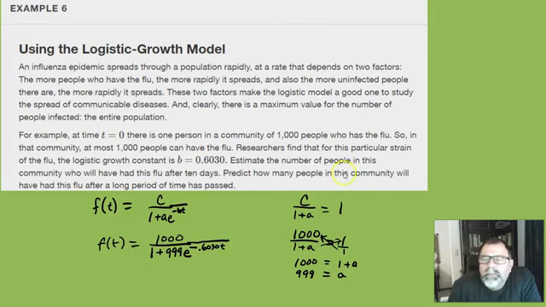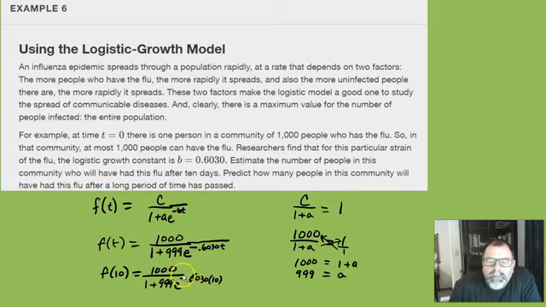All right, so estimate the number of people in the community who have the flu after 10 days. So we're going to put 10 in here. F of 10 is 1,000 over 1 plus 999 e to the negative 0.6030 times 10.